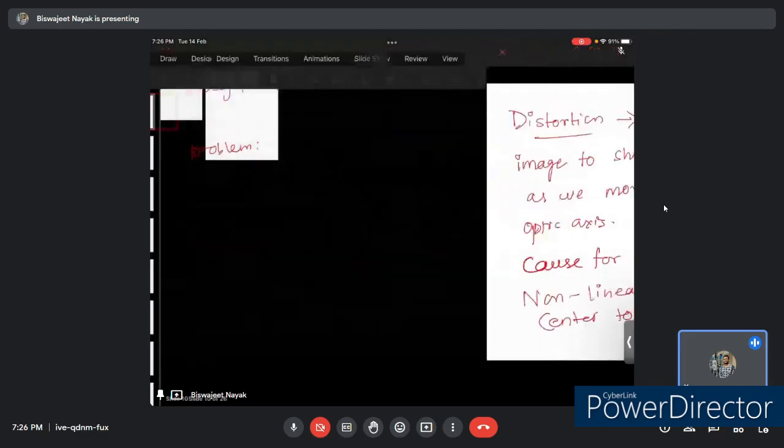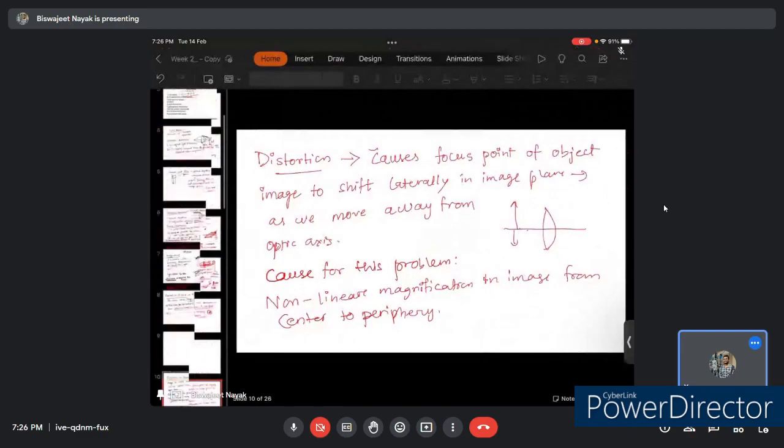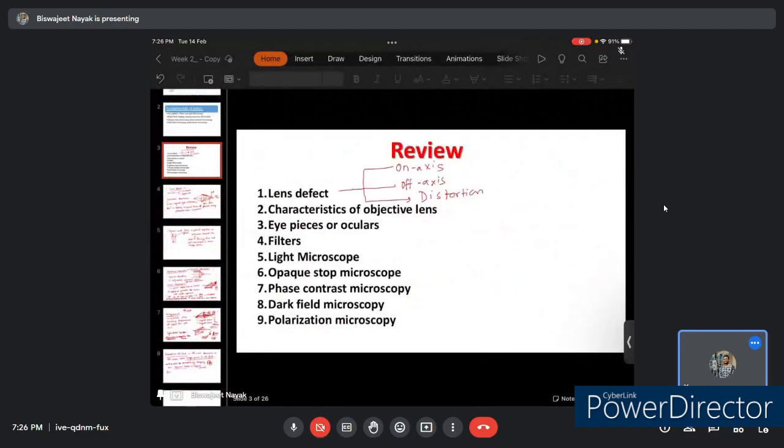Next, we'll go to the characteristics of objective lenses. There are different kinds of objective lenses used to eliminate these problems.